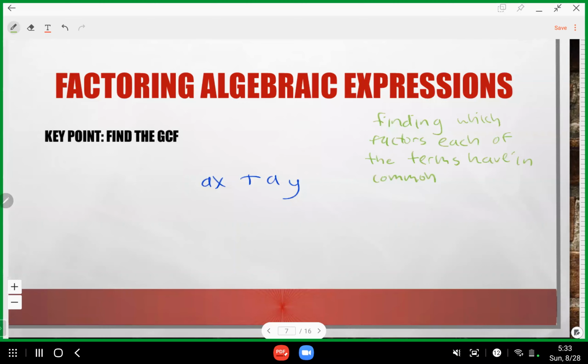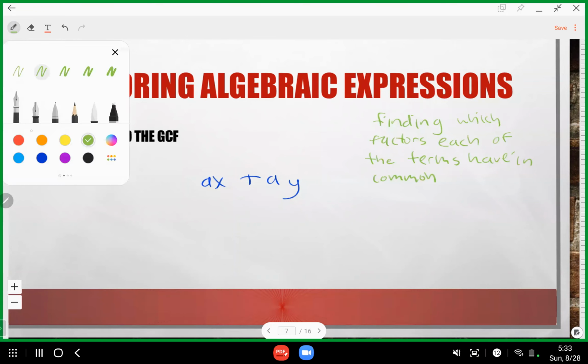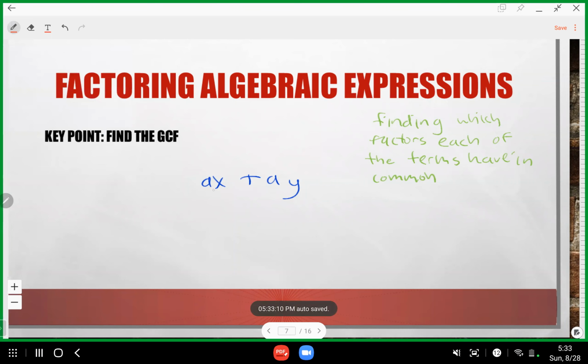So let's look at this. In ax, how many a's does it have? It has one a. How many x's? One x. What about ay? It also has one a, and it also has a y. So how many a's can you take from each expression? You can take one a from each expression, so let's pull that out.